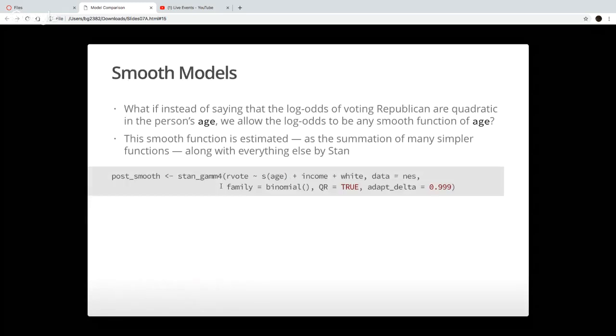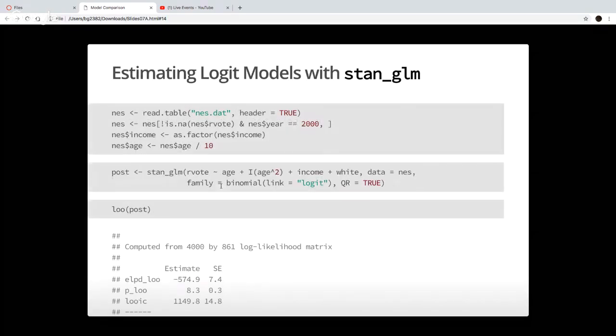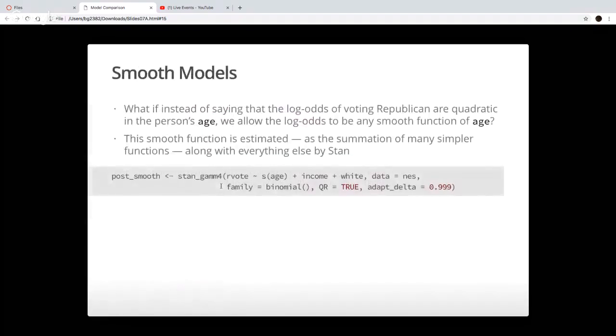I can estimate another model, and we'll get into this more because we're running out of time today, where instead of saying the effect of age on the probability or the log odds of voting is quadratic, we can say it's any smooth function, and then approximate that smooth function by the sum of a number of basis functions, each of which has a coefficient.